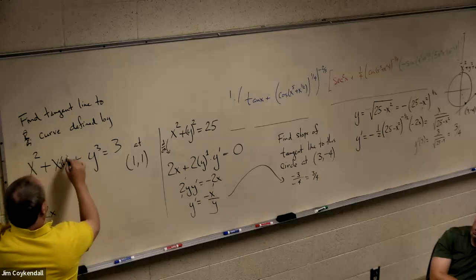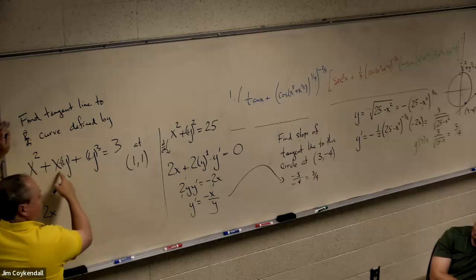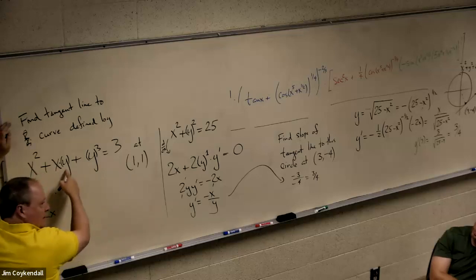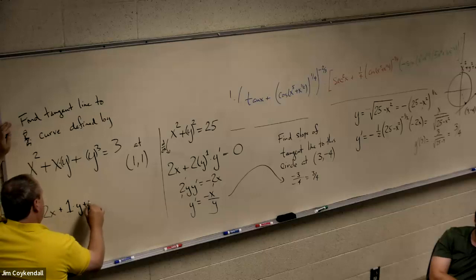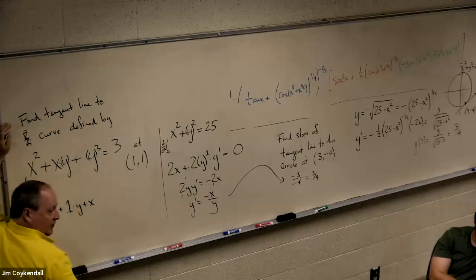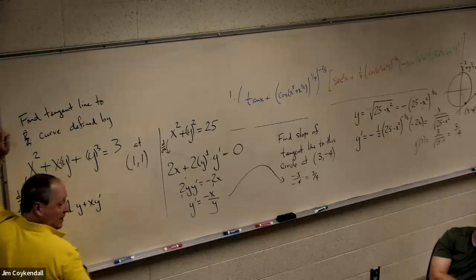What is the derivative of x times y? Well, this is a product rule, isn't it? So let's take their terms and get their derivatives. What's the derivative of x, times y. Now it's y's turn to have its derivative taken. What's the derivative of y with respect to x? It's y prime. Everybody okay?